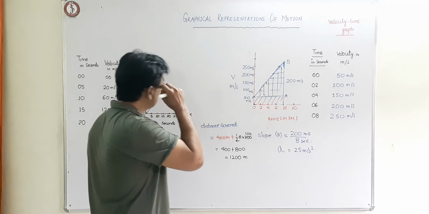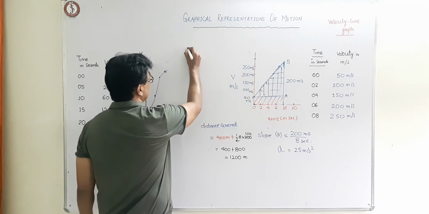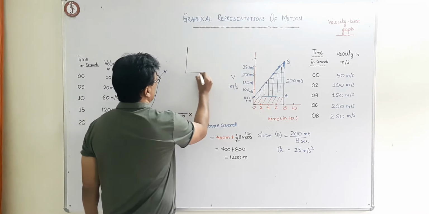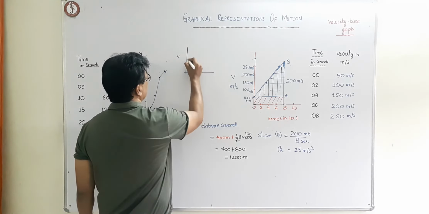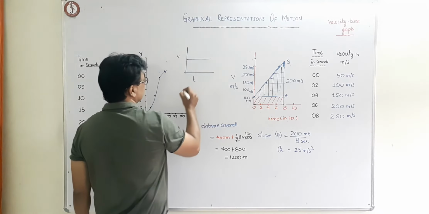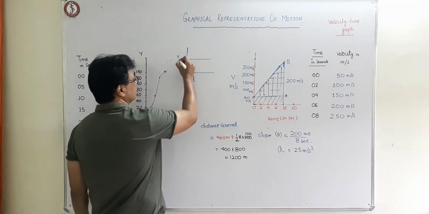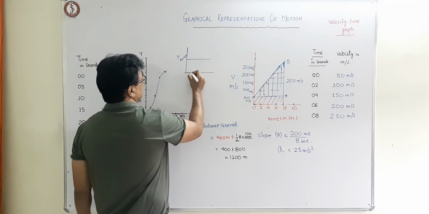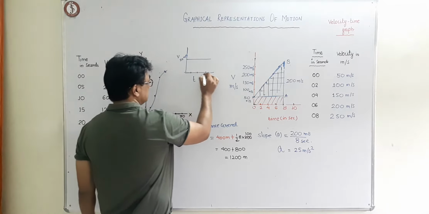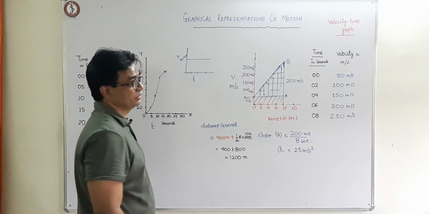Now suppose I have a velocity time graph, you have to use your common sense. Don't memorize. See velocity and time graph. Now suppose they give you a straight line. So in your mind keep some values over here. You give 50 meter per second and give time 2, 4, 6 like that. So time is increasing but the velocity is not changing.